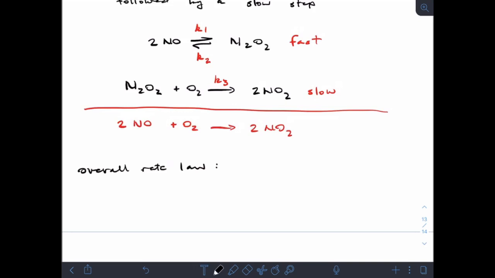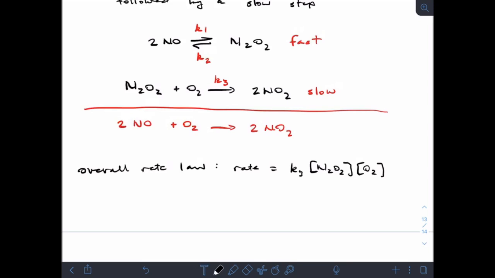So we would say the rate equals K3 N2O2 times O2. And they're elementary steps, so we can keep the order based on the stoichiometry.